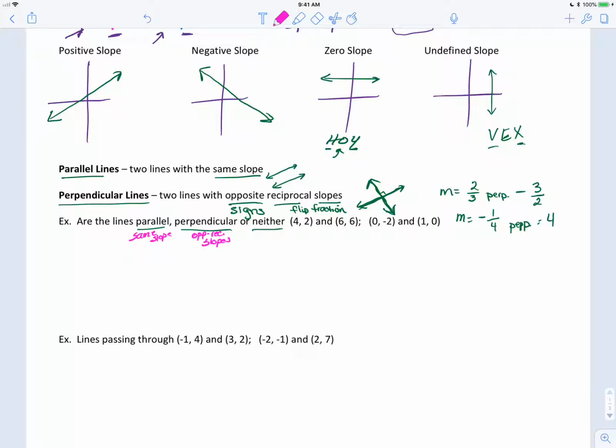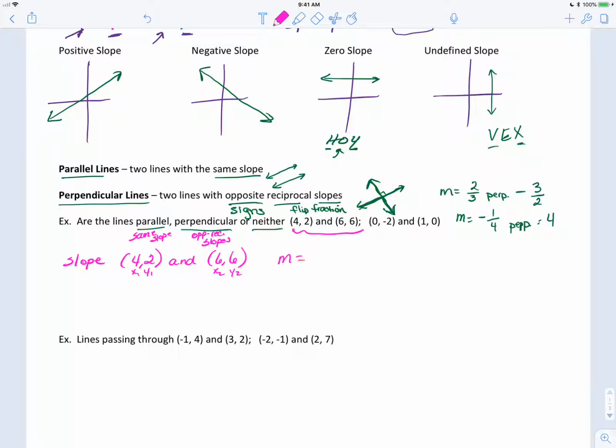All right, let's take this one and find out the slope of this first one. 4, 2, and 6, 6. Okay, so x1, y1, x2, y2.